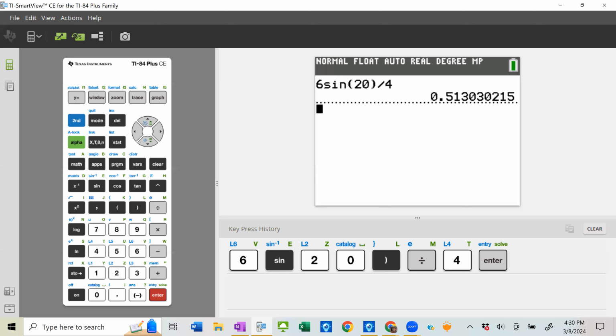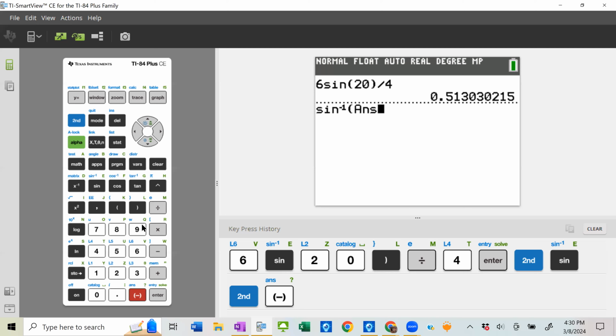So for us, in this example, it would mean taking the inverse of our previous answer. So hit the second key, then the sine key to take the sine inverse, and then second key of the opposite key, which fills in answer. So I'm taking the inverse sine of that previous number there.